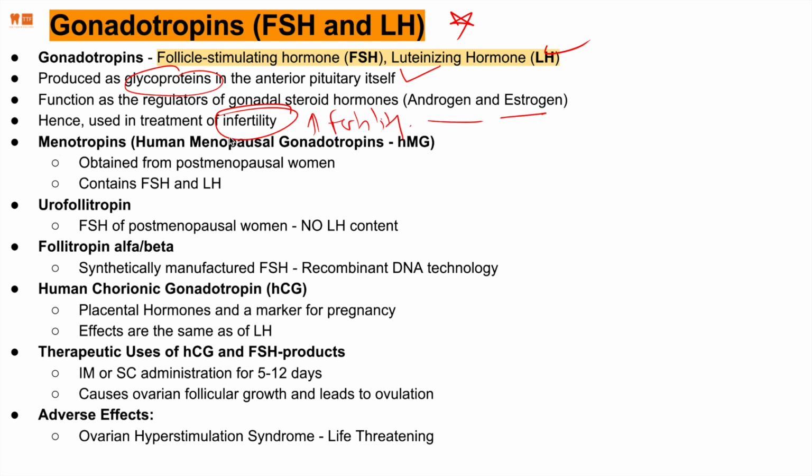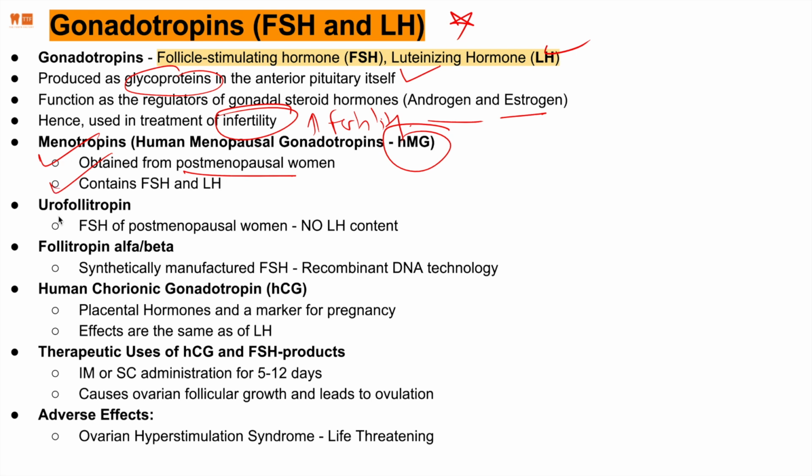Menotropins, human menopausal gonadotropin hormone, HMG. This is obtained from postmenopausal women, and contains both FSH and LH. Then there's another drug. So now we're moving into the drugs, right? We're moving to synthetic drugs that act as gonadotropins.